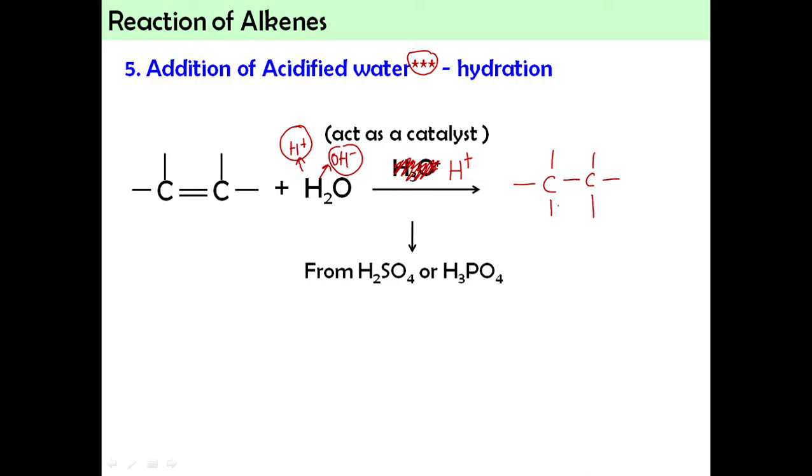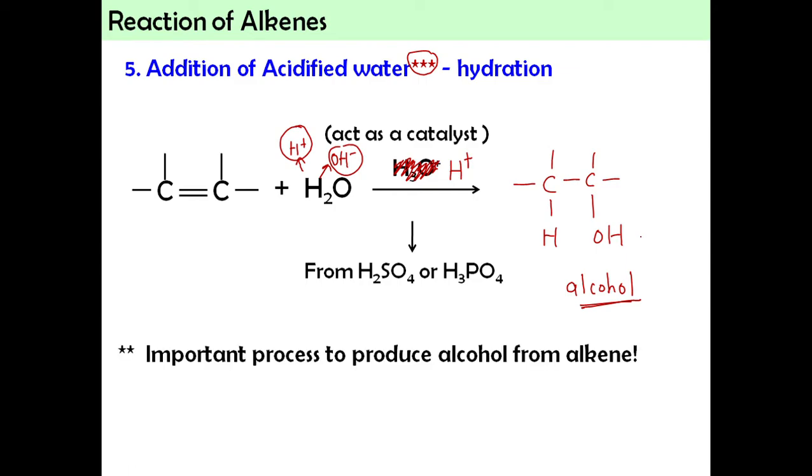So, apa yang masuk? What is being added? OH and H. Okay, so apa dia ni? This is alcohol. So, from the alkene, you dapat alcohol. Okay. Jadi sekarang kita nak tengoklah, yang ni important process to produce alcohol from alkene dan dia follow Markovnikov rule juga.